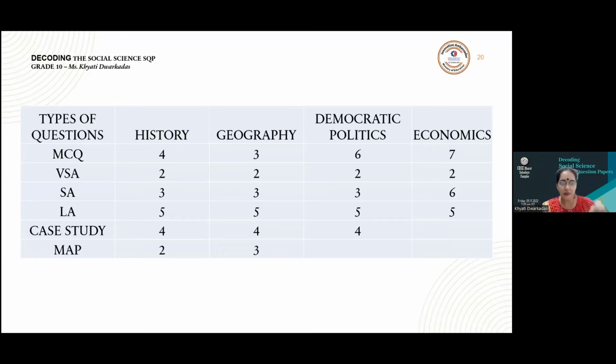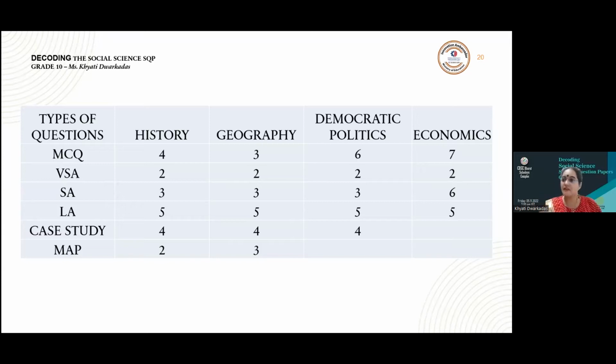Map work is 2 marks in history, 3 marks in geography. If you go to see the subject breakup, it is 20 marks throughout. If you total the history column, or the geography, political science or economics column, it is 20 marks throughout.